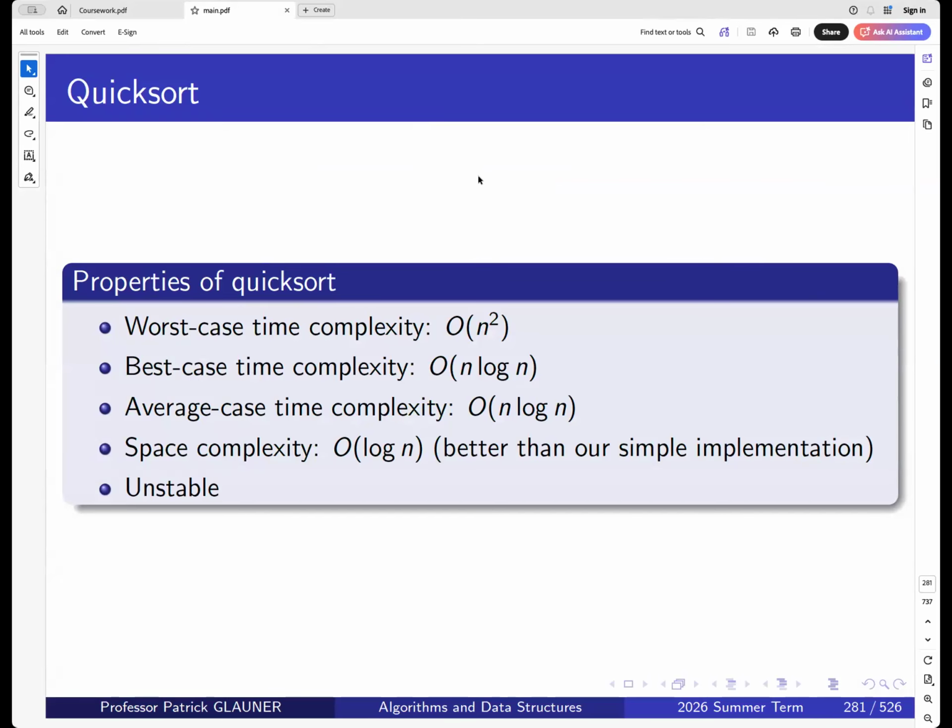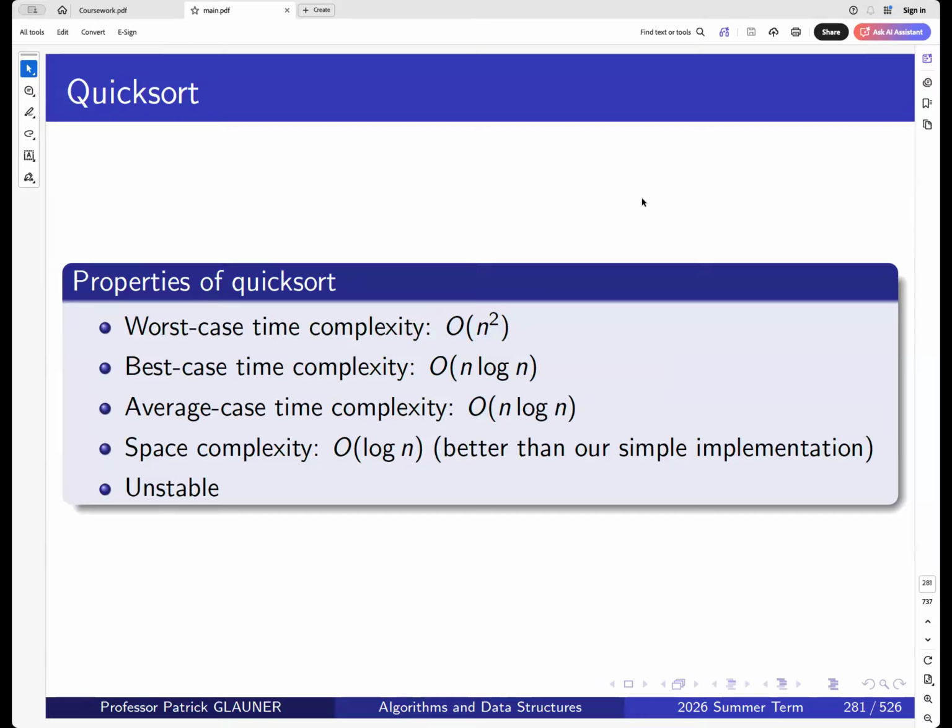So why is quicksort called quicksort? In practice, for most real-world problems, quicksort is typically the fastest sorting algorithm that we have available for a lot of settings, for the majority of settings. And this worst case, especially with a randomized strategy, is super unlikely.